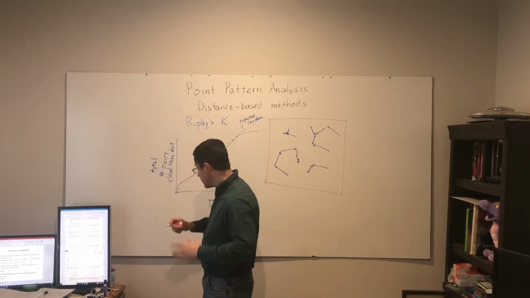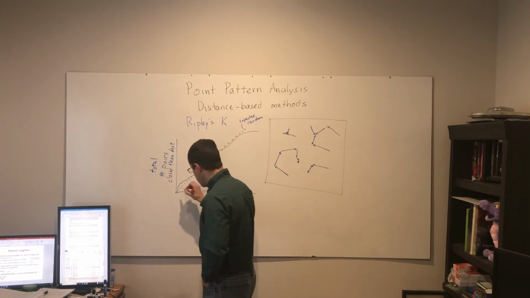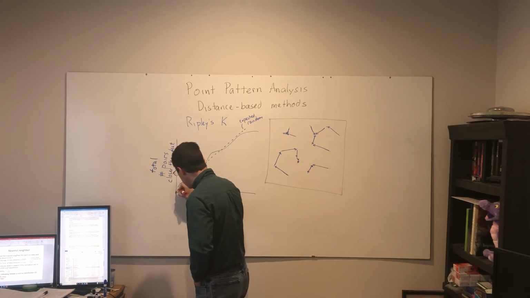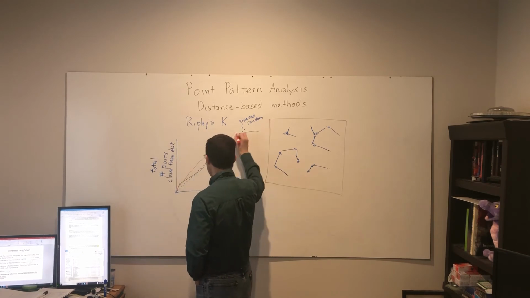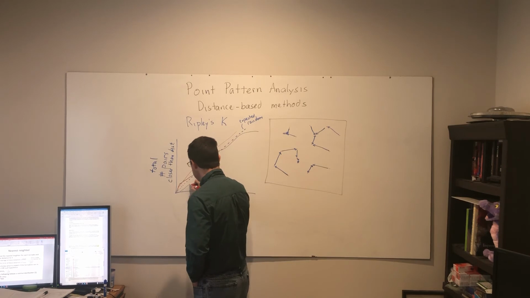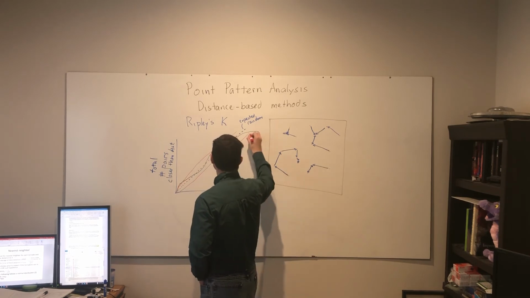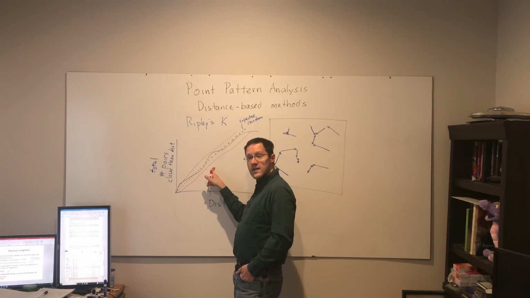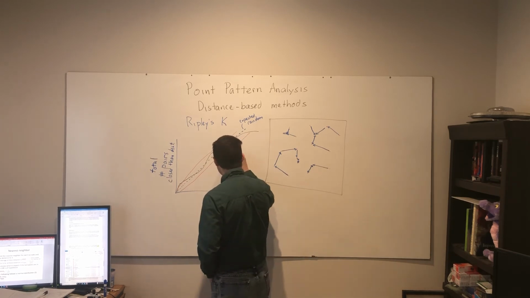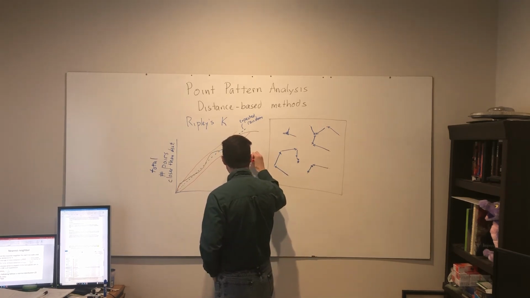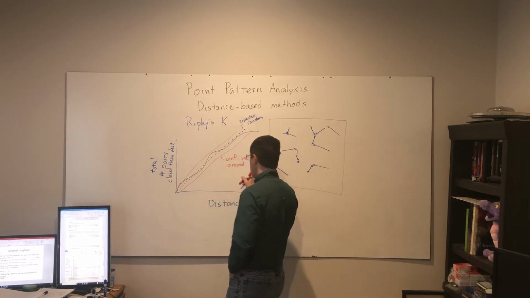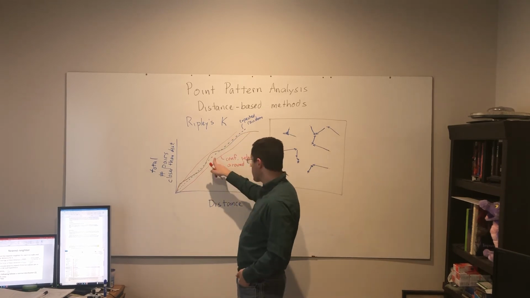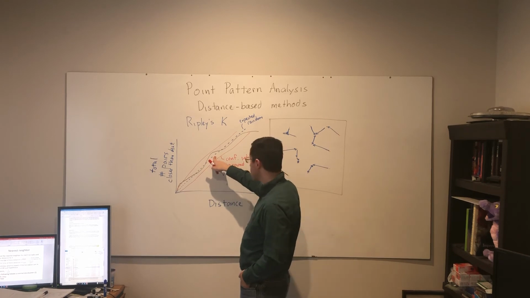For any distance, I can get what I'll call K for random, and have a confidence interval around this diagonal line.